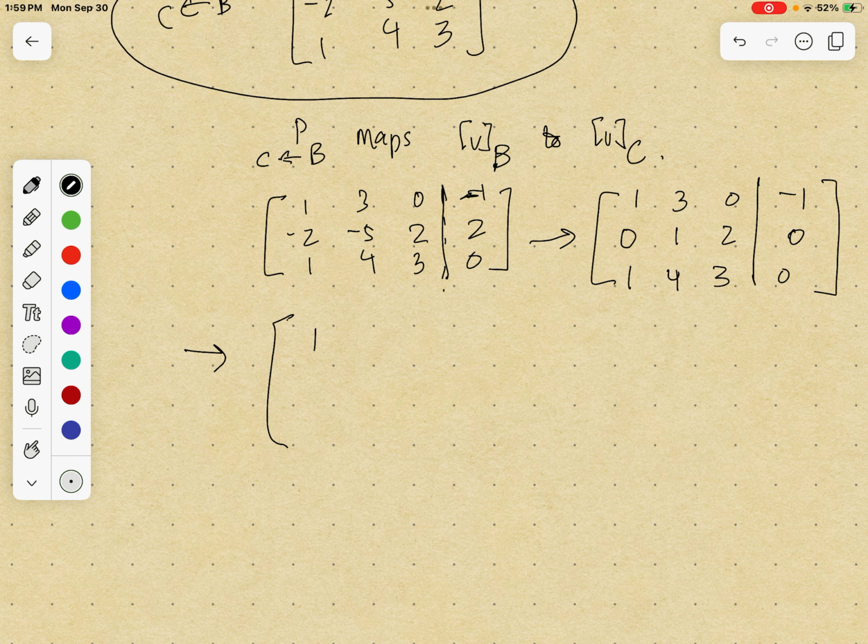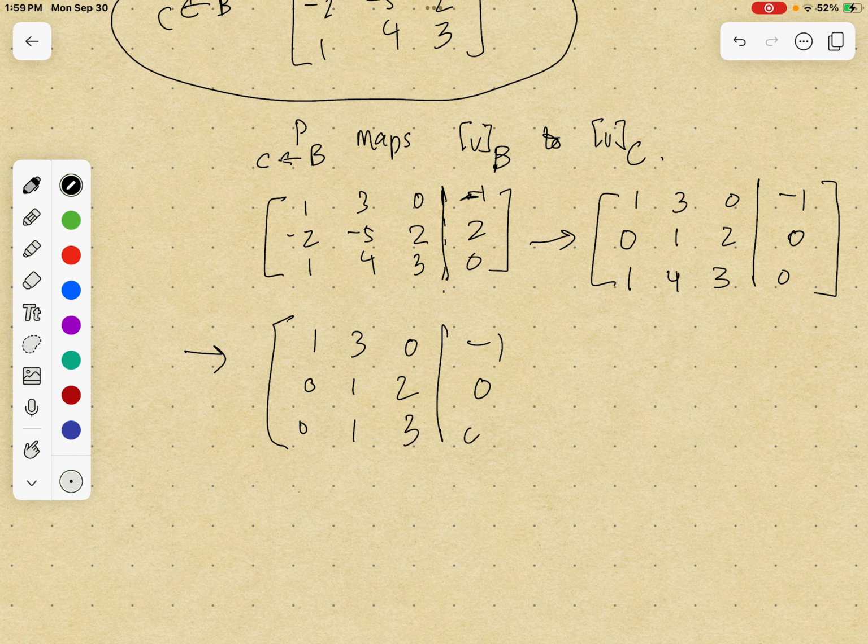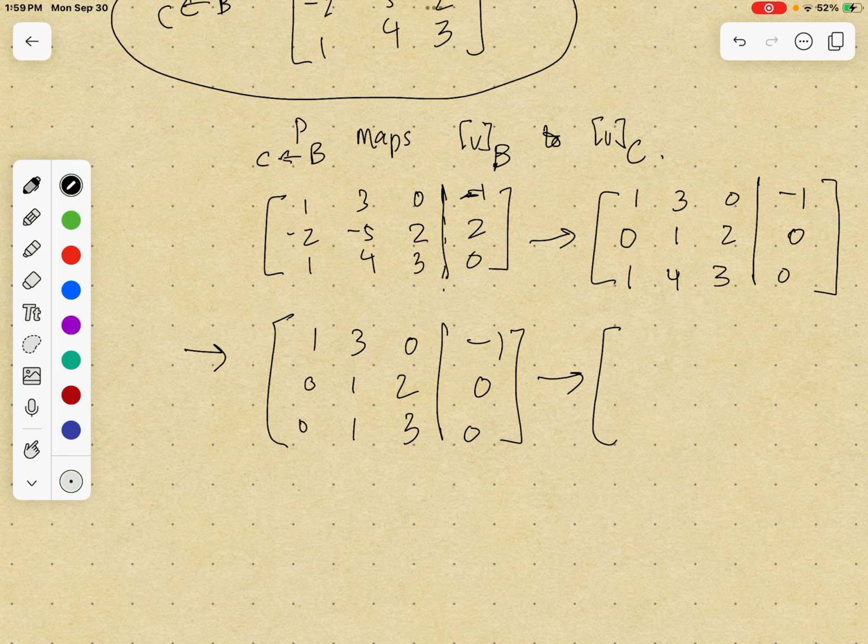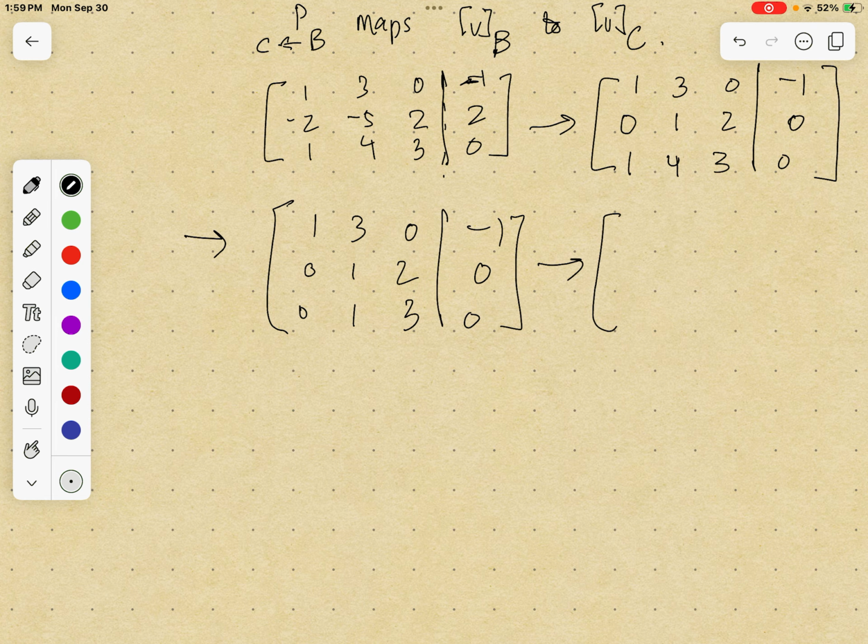So that will give us this. Okay, so the first column's done. And then I want to convert row 3 to row 3 minus row 2. Zero, zero, 1, 0.